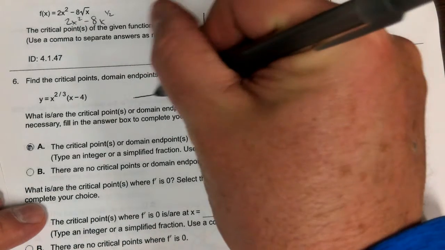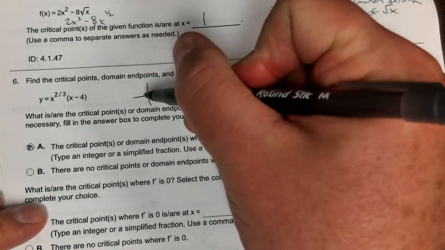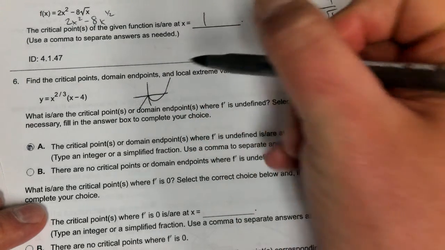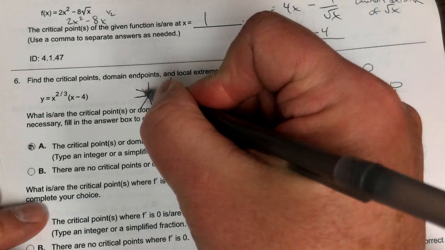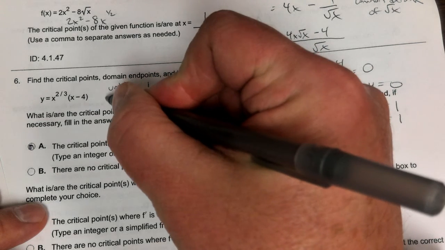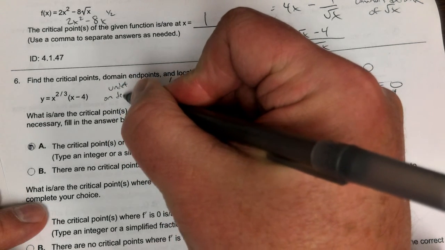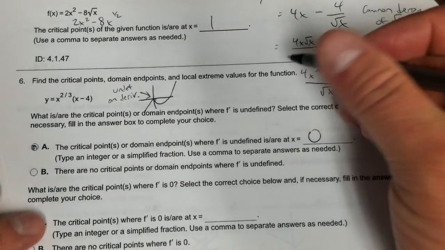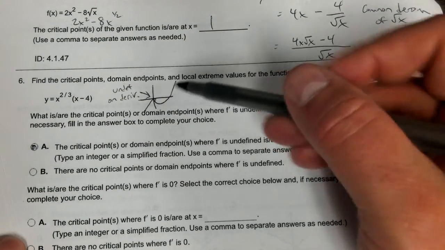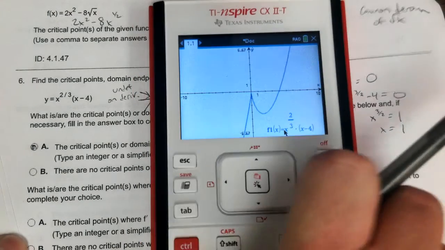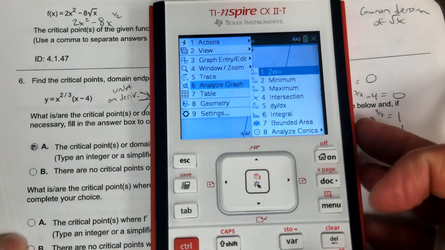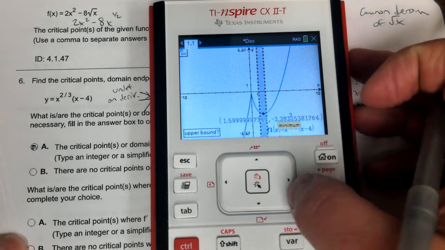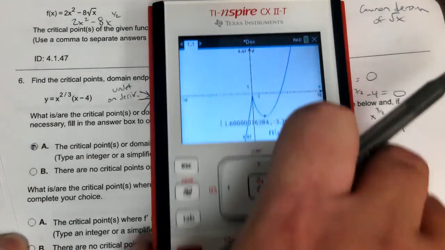So basically, if I looked at the graph for this, it looks like this, and then it's a parabola on this end. And so this is where it's undefined on the derivative. And then we're also going to have a minimum right there. So analyze graph, minimum between here and here is 1.6.